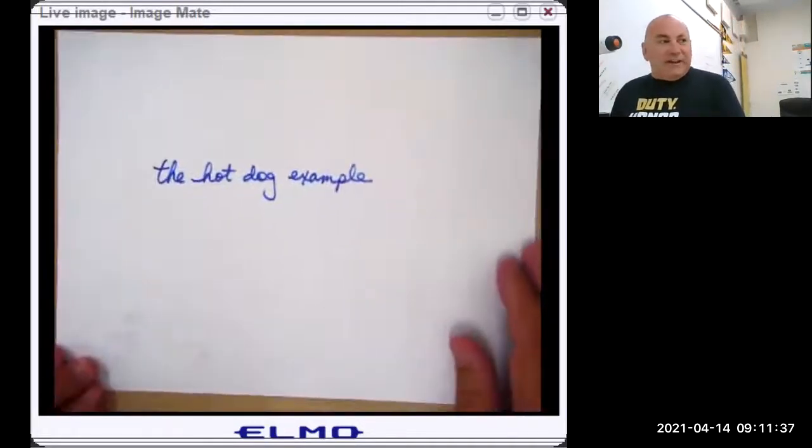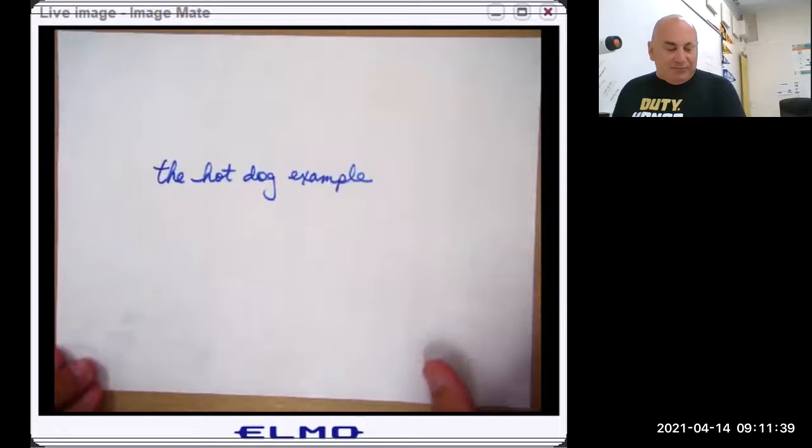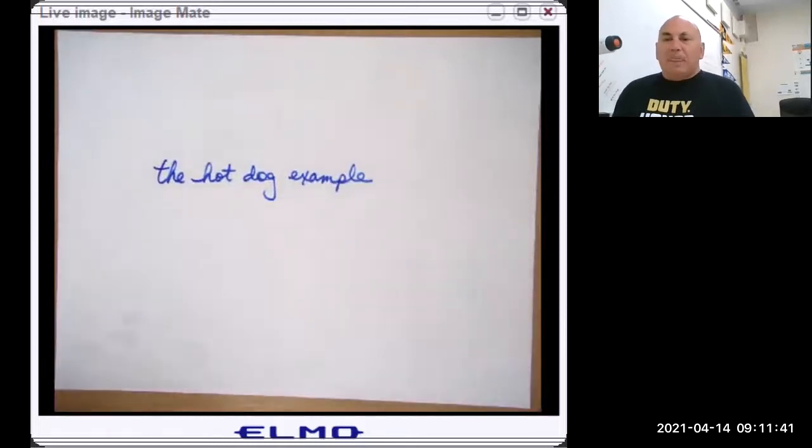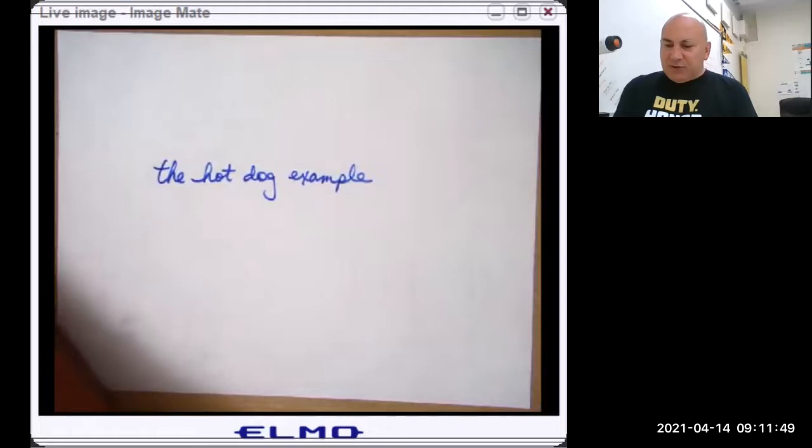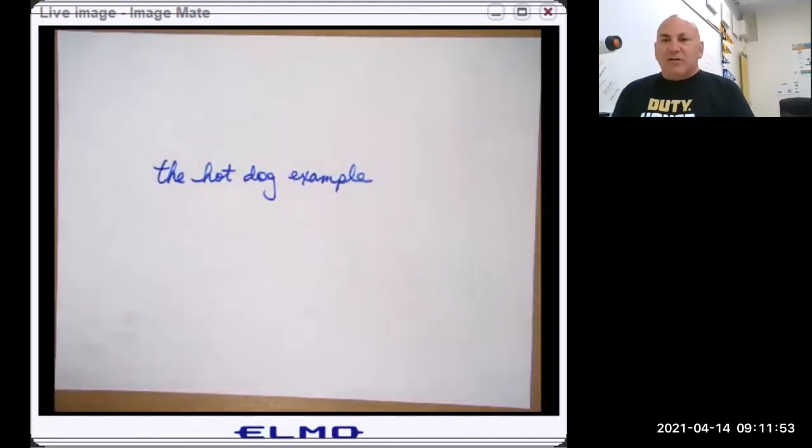So let's do the hot dog example. Let's say there are two types of hot dogs, beef and tofu. And I want to do a test and say, I think that most people think the beef tastes better.